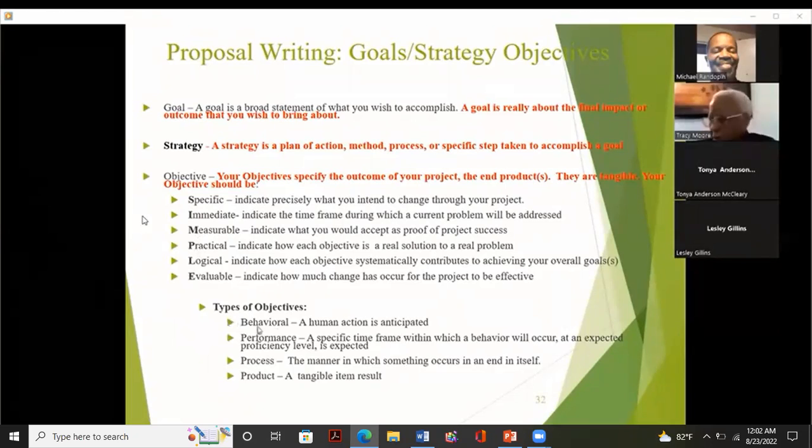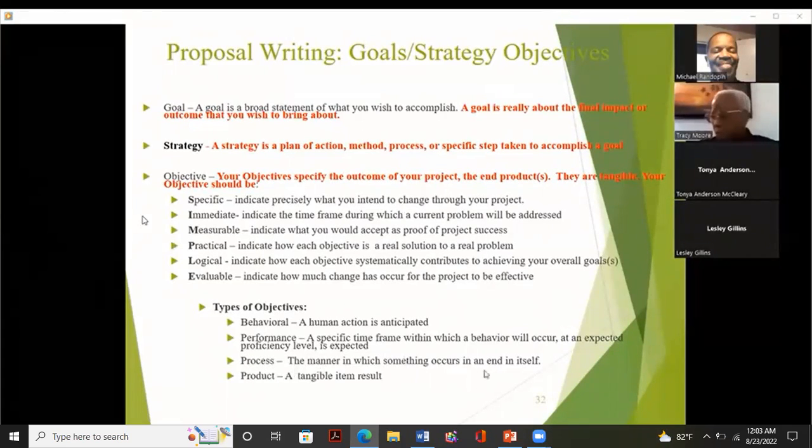And there are different types of objectives. For example, a behavioral objective. If you want to change that person, like with teenage pregnancy, we talked about that. So that would be a behavioral objective to change that person's behavior. You can do a performance objective. Let's say, for example, if you're doing an educational program, you can look at the performance of that particular person. Or you can do a process objective.